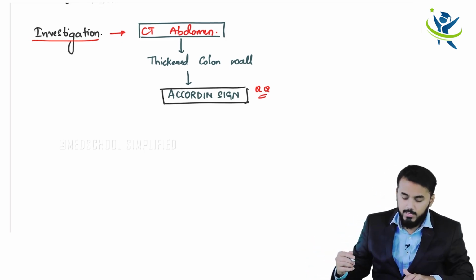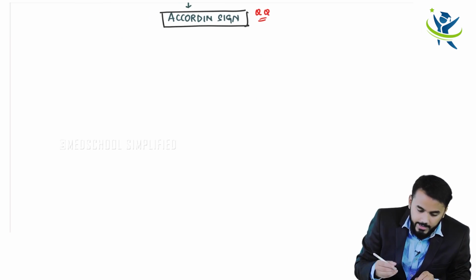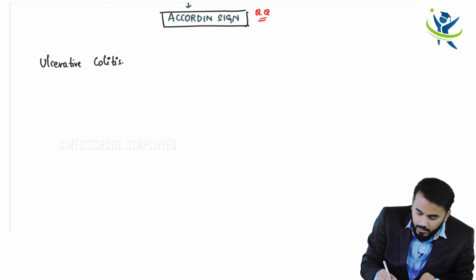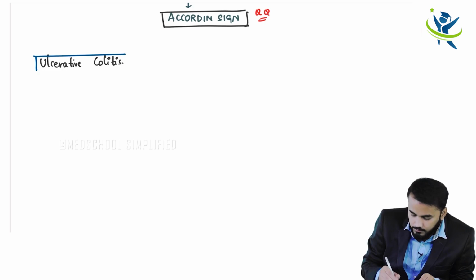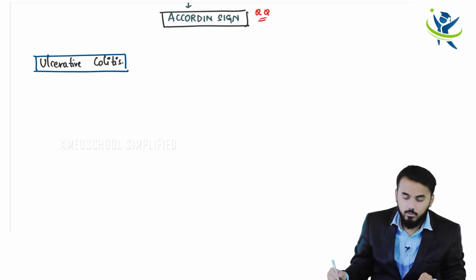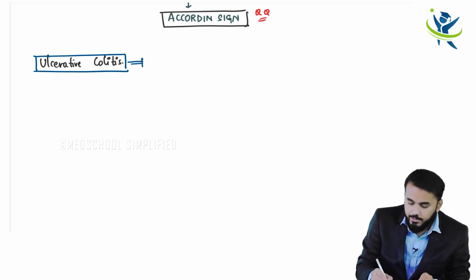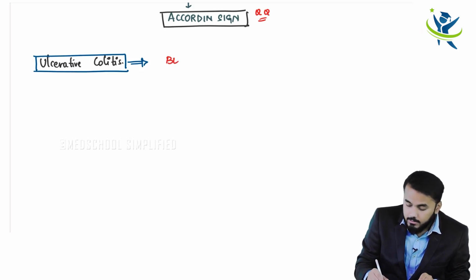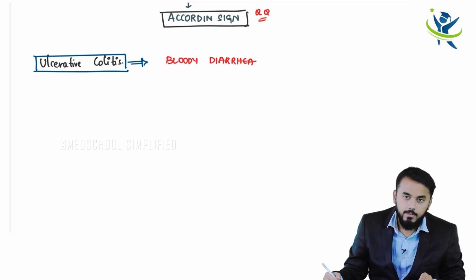So you have to explain to them that in ulcerative colitis, the patient has diarrhea, I agree, but this diarrhea is bloody diarrhea, right?